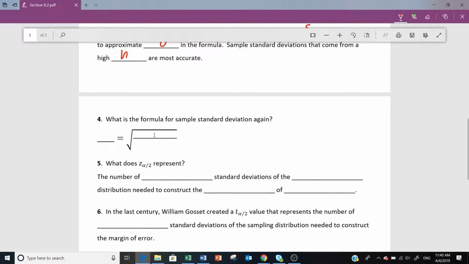I'll take a picture of it and I'll just email it to everyone. So let's go ahead and see if we can remember what our sample standard deviation is.